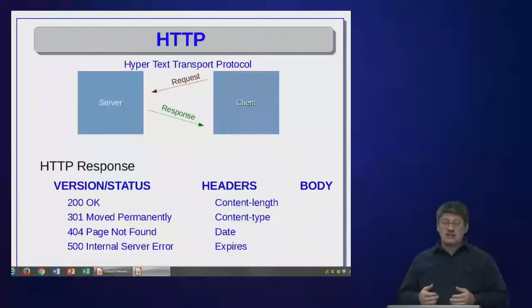It also sends a content type, which identifies the file type of the page. So, for example, if you requested an image file, this might be a PNG or a JPEG or something. If you requested the HTML page, it would be text/HTML. Depending on the type of the resource, the content type will vary.